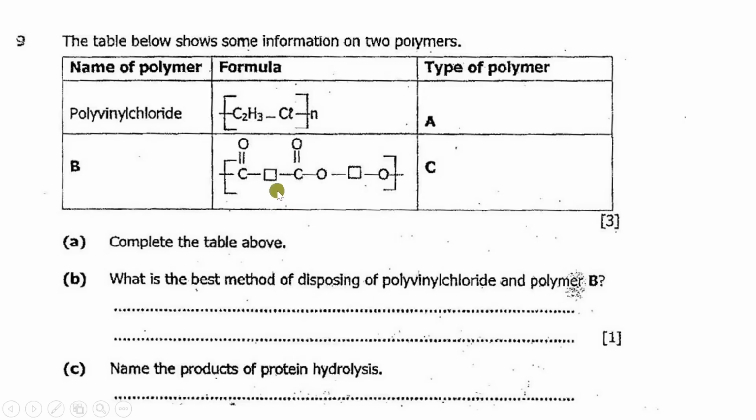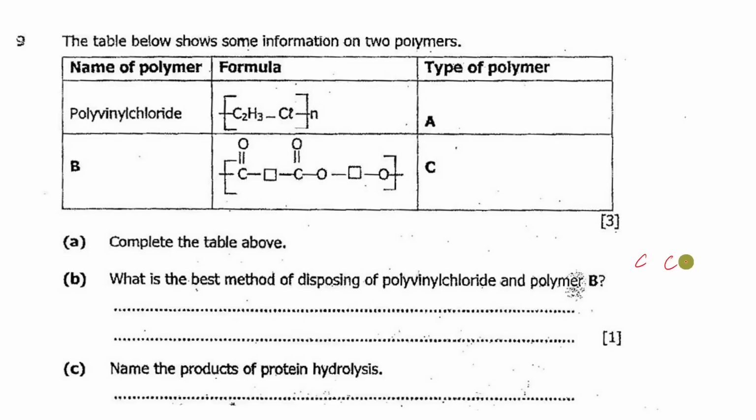Now our job is to identify the type of polymer. Polyvinyl chloride is a polymer of an alkene, an alkene which has a halide in it, like chlorine here. From what I know, it's supposed to be two carbons, one, two, like this.